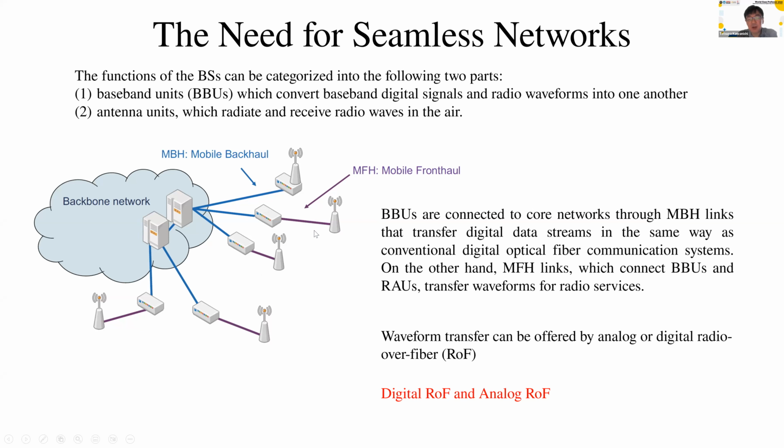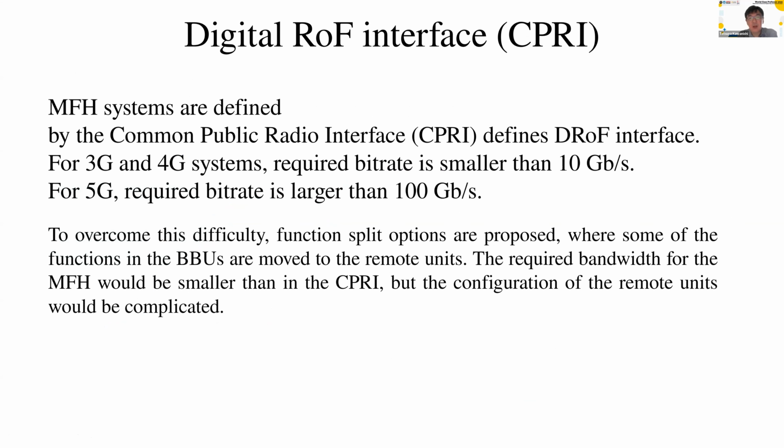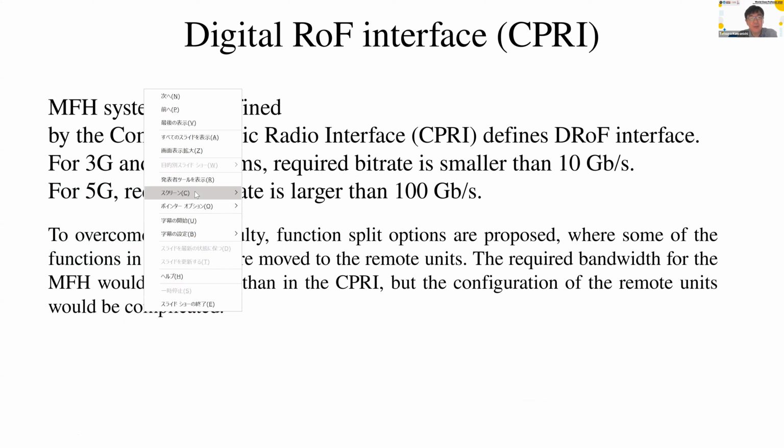The waveform transfer can be offered by analog or digital radio over fiber. There are two types of transmission scheme. And now digital radio over fiber is commonly used. There is an international standard called CPRI, Common Public Radio Interface. The mobile fronthaul system is defined by CPRI.